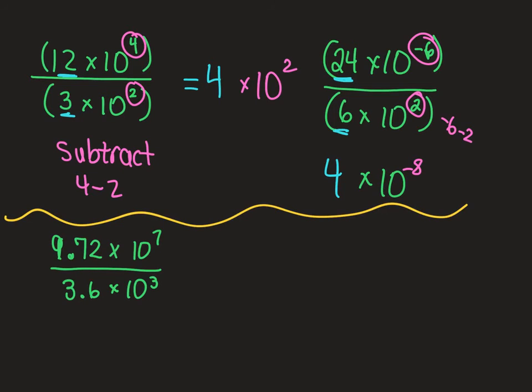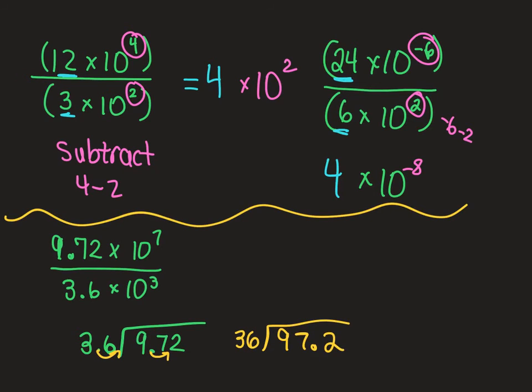All right, let's work this one out. This one has decimals. Most of the time, they're not going to be whole numbers. Most of the time, they'll be decimals. So I need to divide my 9.72 divided by 3.6. Remember that when you divide by decimals, you hop over 1 place, and it really becomes 36, and it really becomes 97.2.